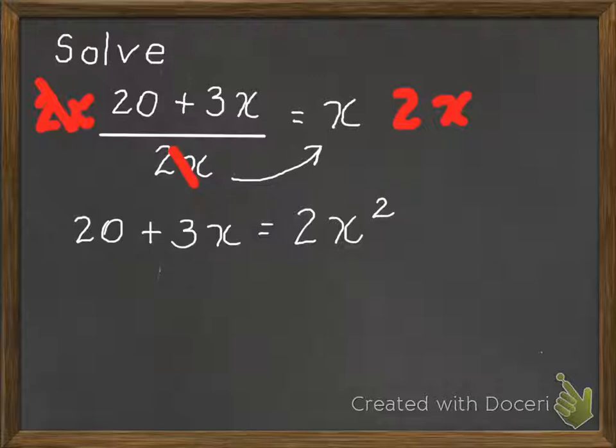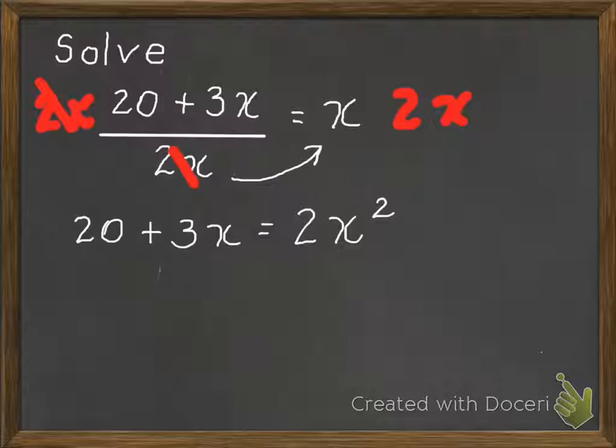Now you can see that by moving the terms around to one side of the equal sign, we could put this equation in ax squared + bx + c form. So we have a quadratic equation.